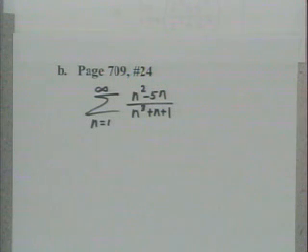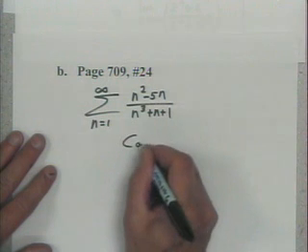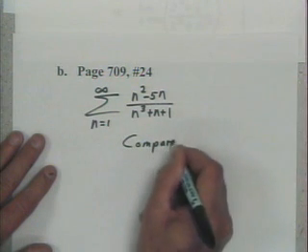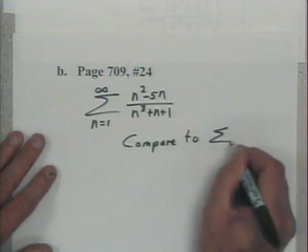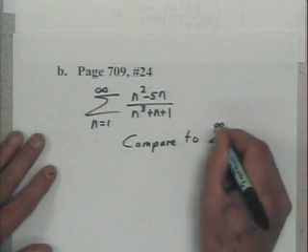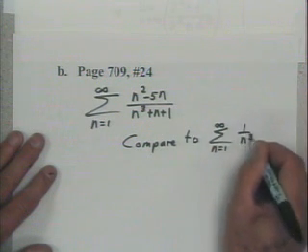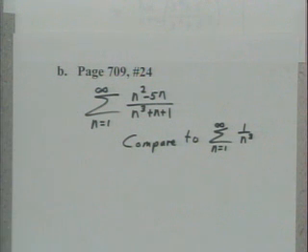I always pick the highest power. Trying to get some principles down here so you have some idea. So I'm going to compare to the series n running from 1 to infinity of 1 over n cubed. I pick the highest power I see. Okay?